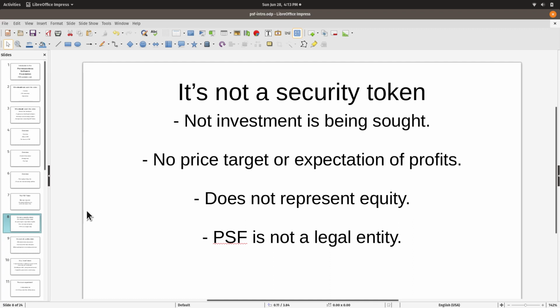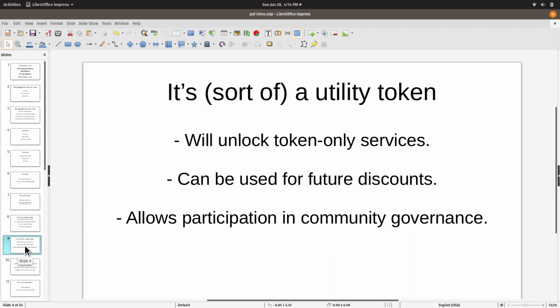This is an experiment, and it's unfortunately involving things that some people interpret as money, but it's really a software project, and I will get into more details about that. The token does not represent equity in any way, and the Permissionless Software Foundation is not a legal entity, and I'll get more into the specifics of just how not legal it is. Not illegal, just not legal.